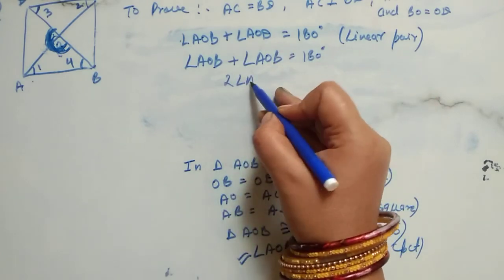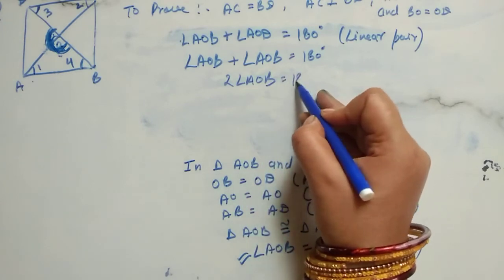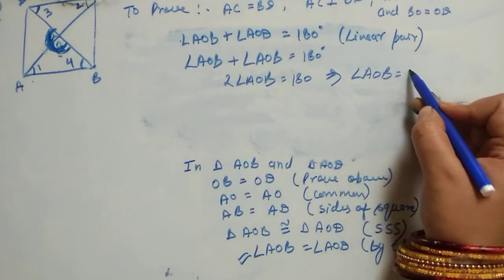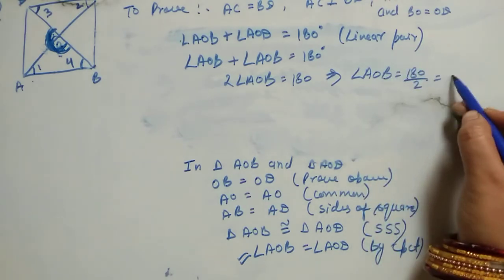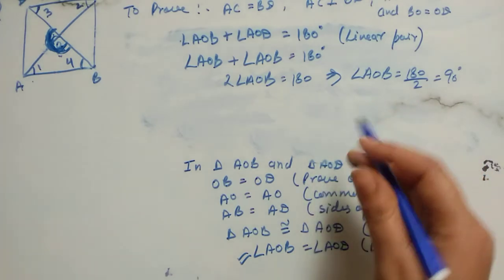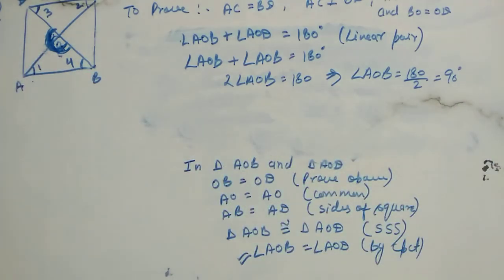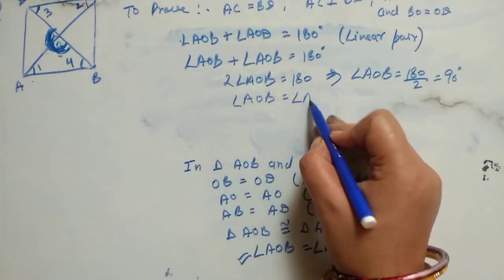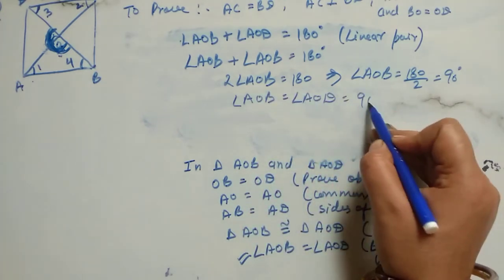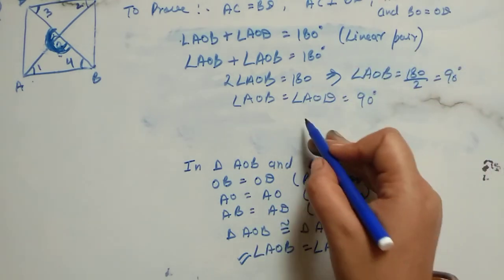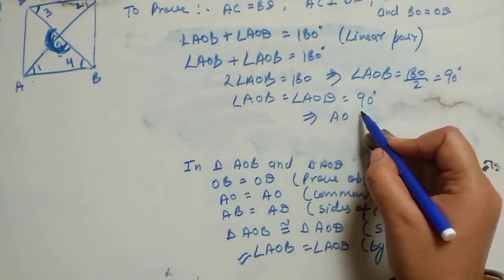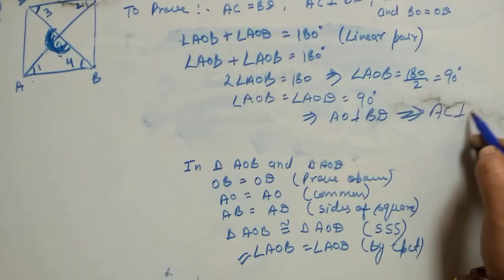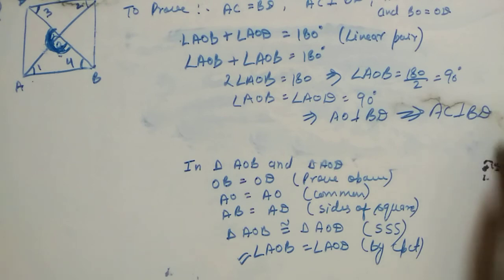So 2 times angle AOB is 180, so angle AOB is 180 upon 2, that is 90 degrees. So angle AOB is also equal to angle AOD, which is 90. What do we conclude? That AO is perpendicular to BD, or you can say AC is perpendicular to BD.